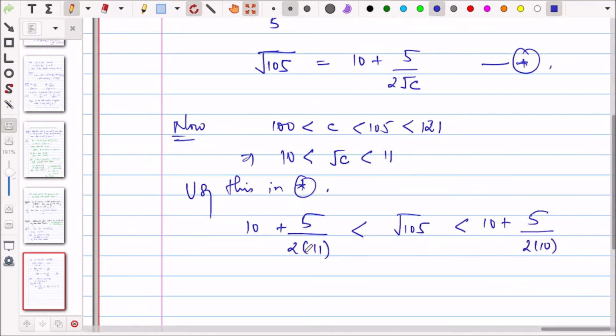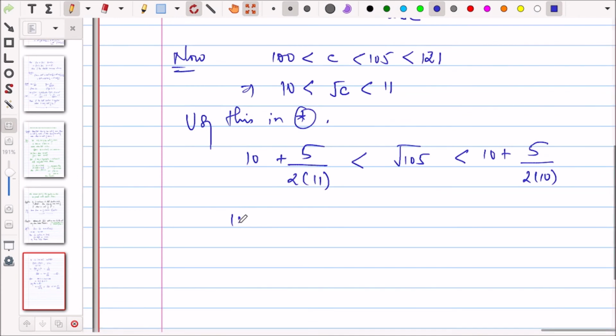So this will come out to be, if you divide 5 by 22, 10 point, so 5 by 22 how much will it be?